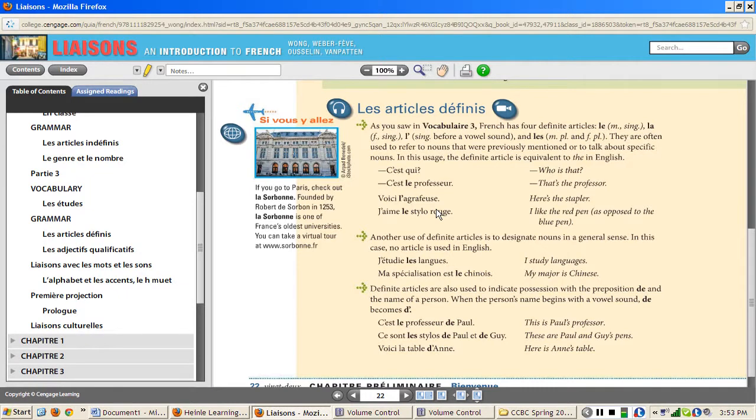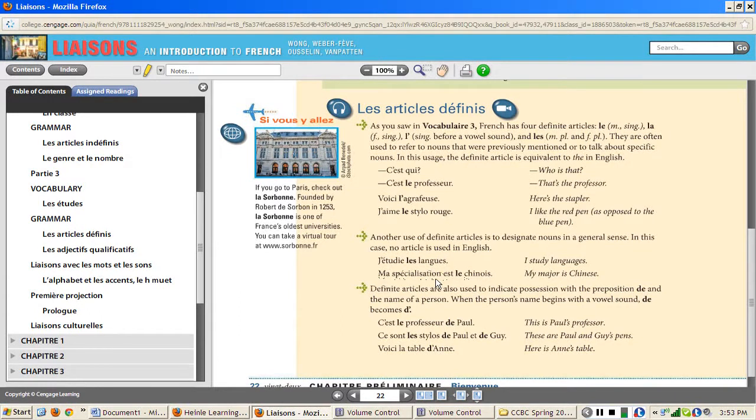However, you should understand one thing. The definite article is used definitely more often in French. For example, the two examples here, I study languages. My specialization, as they call a major, is Chinese. In French you have the definite article. In the English translation, you don't. I study languages. J'étudie les langues. My specialization is Chinese.